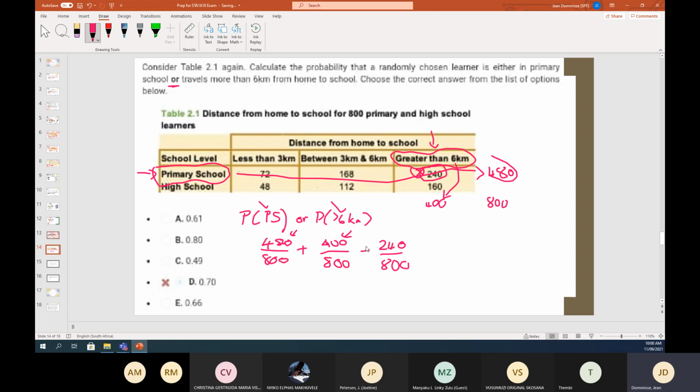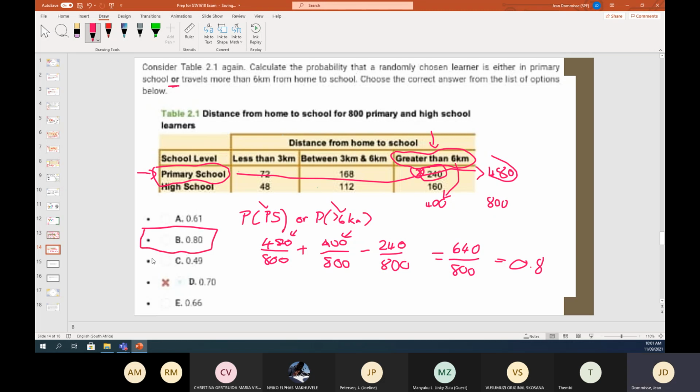It is not correct to do that, so if I take one of the 240s away, it will be 880 minus 240, which gives us 640. Let's do that calculation again: 480 plus 400 minus 240 is 640, and 640 divided by 800 gives me 0.8.